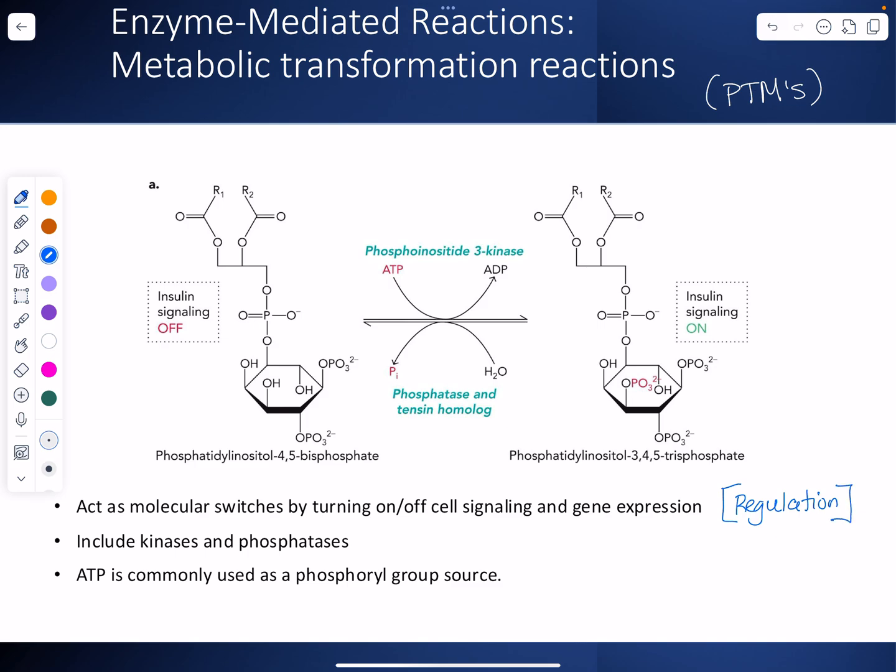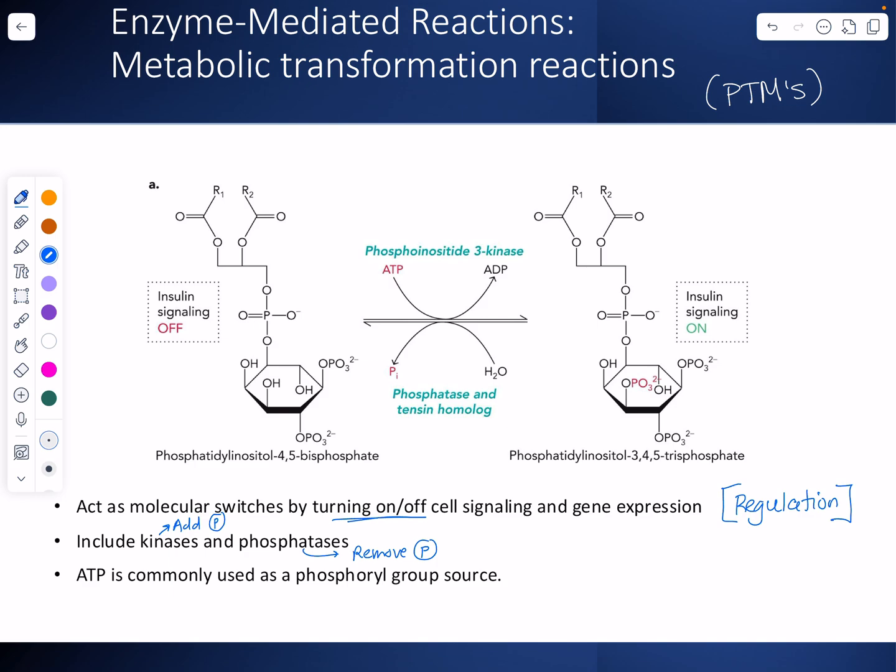And it's going to be turning on or off signaling or gene expression. So kinases are things that add a phosphate, and phosphatases are things that remove phosphates. The sites that they add phosphates to will, again, generally have hydroxyl groups on them.